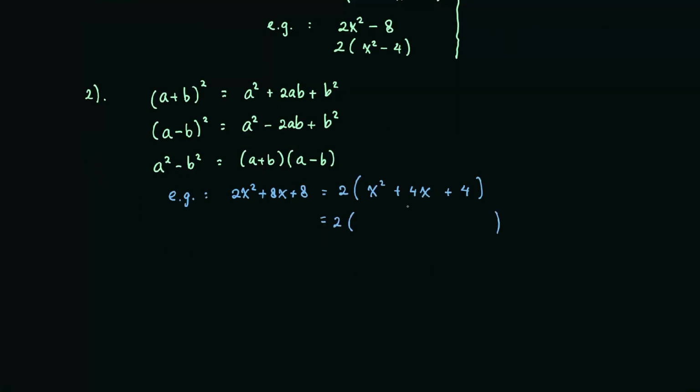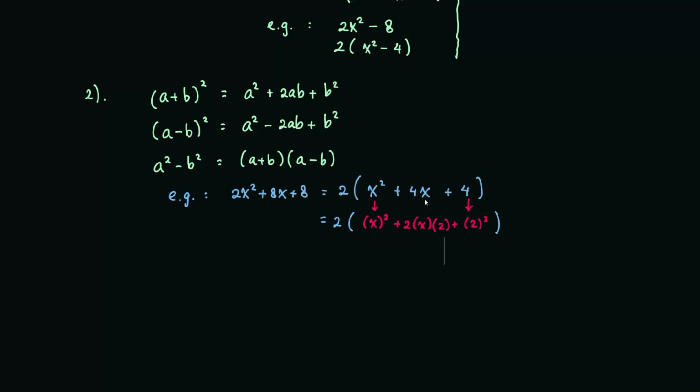Let's write this in terms of a square of something, which is x squared. Can we write the last term as a square of something, which is 2 squared? Then we use the middle term to check whether it is actually twice the first and the second term: twice the first term, x, multiplied with the second term, 2. 2 times x times 2 is 4x.